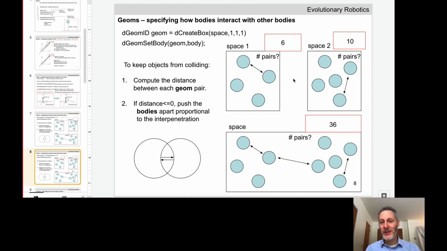Exactly. So if you're simulating not a single robot, but a swarm of robots, like the example with the walking robots. If you have a single robot with multiple arms or legs, those might come into contact with one another, and we don't want pairs of legs or hands or fingers interpenetrating one another. So we could put all of the links that make up one robot in one space and all of the links that make up another robot in another space.